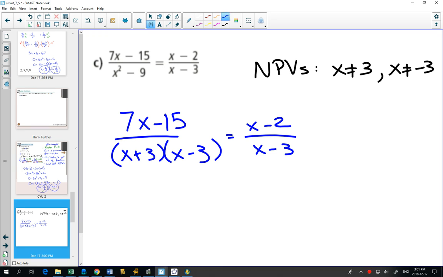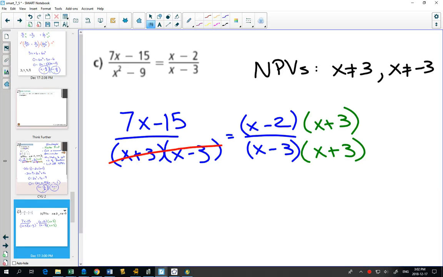Now, when looking at what would make us have a common denominator, after factoring, we can see they both have an x minus 3, but the second one is missing an x plus 3. And once we have our common denominator, you could now multiply both sides by x plus 3 and x minus 3.